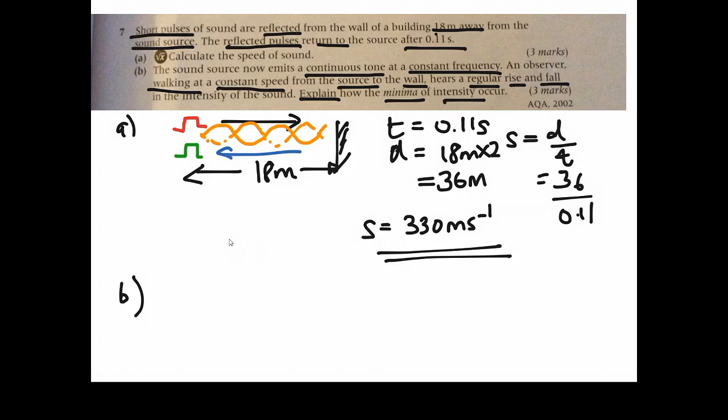So we've got to explain how the minima, so we're interested in explaining how these nodes arise. The key thing to state here is that you want to be using key scientific terminology when explaining how this is actually formed.